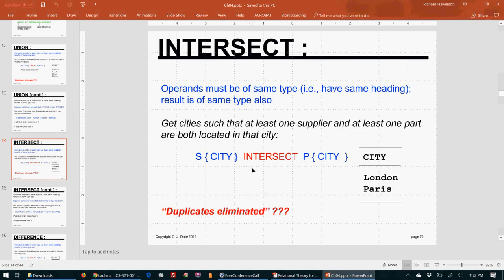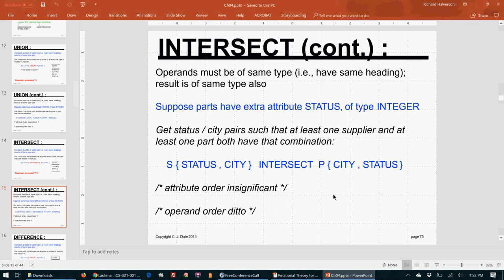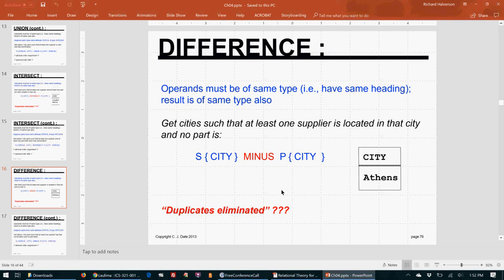And intersection is the same thing. You find the cities that are in common to both of them, and that's this. There won't be any duplicates. And this points out that it doesn't matter the order of the attributes, just if they are the same.